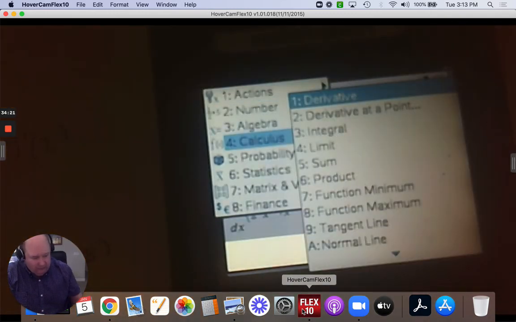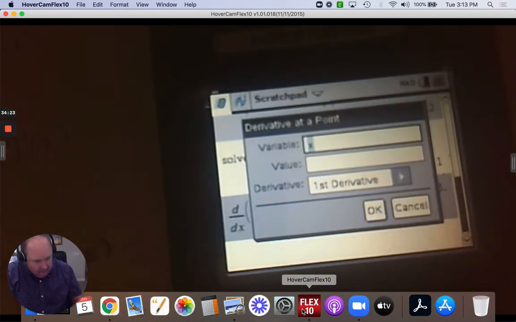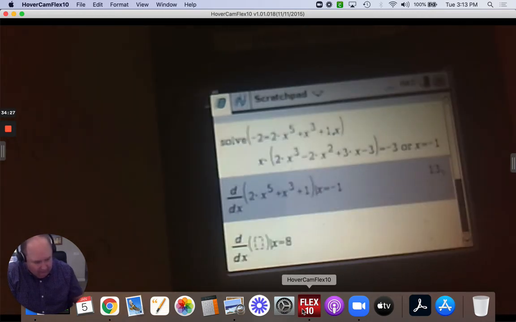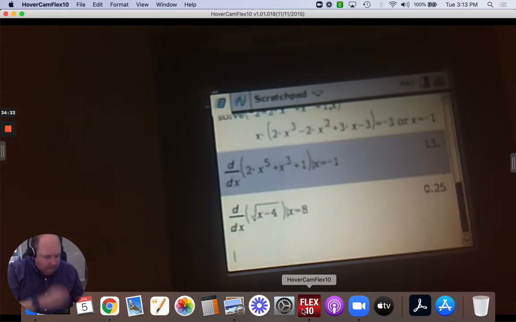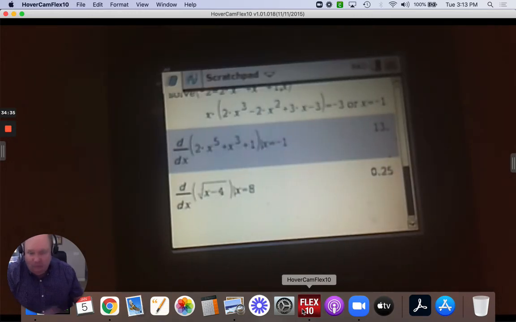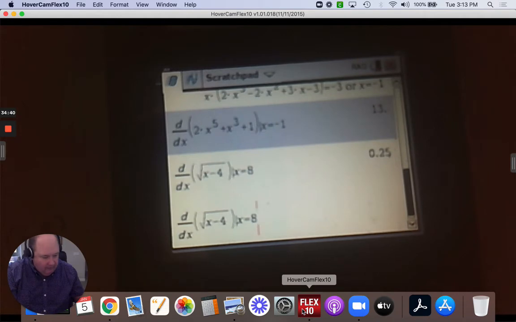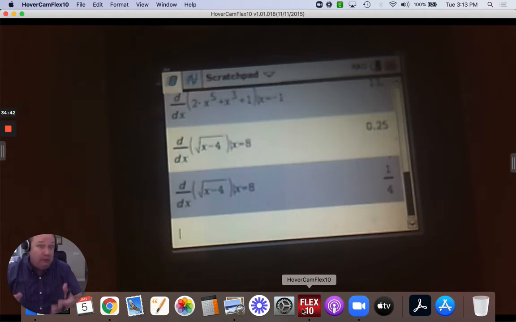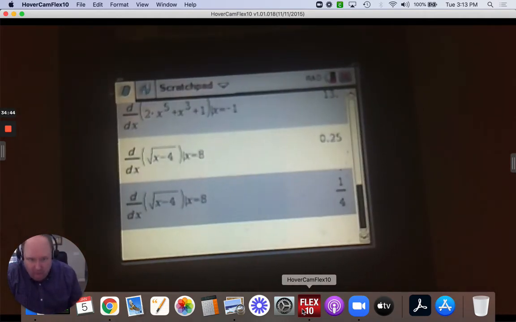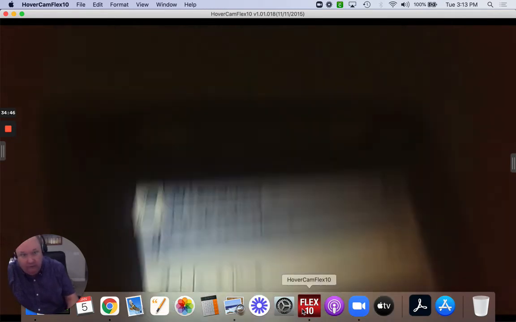The derivative at a point, x is the variable, the value is at 8, and then I'm going to type in the square root of x subtract 4, and I get 0.25, or maybe better if I just wrote it like that, 1/4, because I'm doing the reciprocal, right? So what's the reciprocal of 1/4? And the answer is 4. That's what I'm looking for.